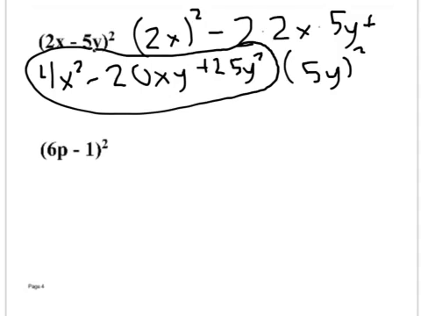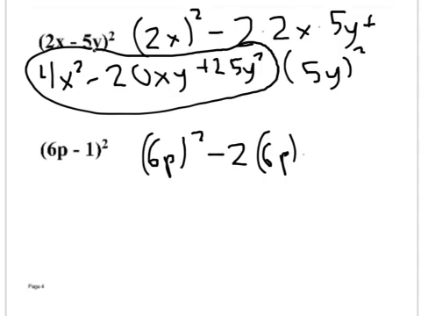All right, let's do the next one. 6p minus 1. 6p squared, minus 2 times the first number times the second number, plus the second number squared, because we have 6p minus 1 squared. 6 times 6 is 36. p times p is p squared.